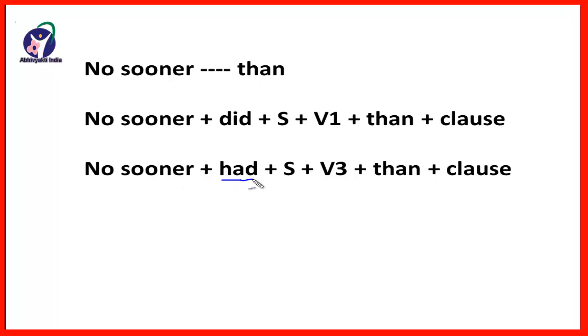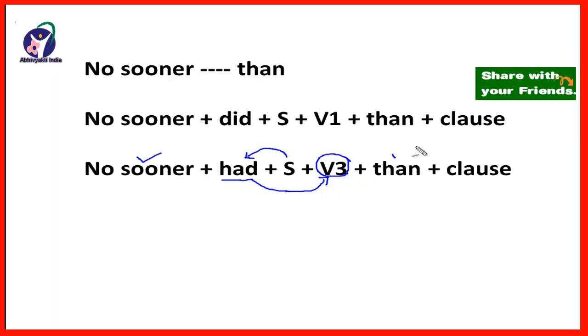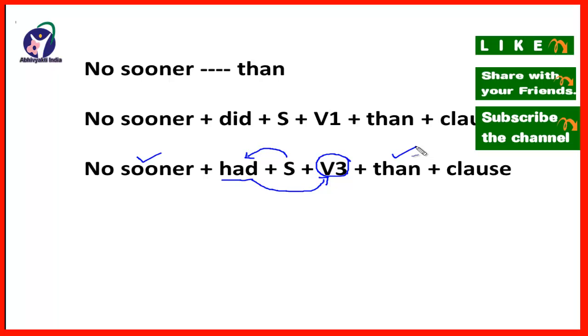If had is used, then check whether it is before the subject or not, because the sentence is beginning with no sooner, and check whether the verb form is V3 or not, and of course the spelling of than. So the sentence formation will be like this: no sooner plus did plus subject plus V1 plus than plus clause, and no sooner had plus subject plus V3 form plus than plus clause.